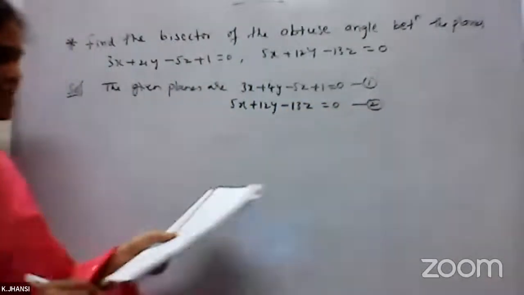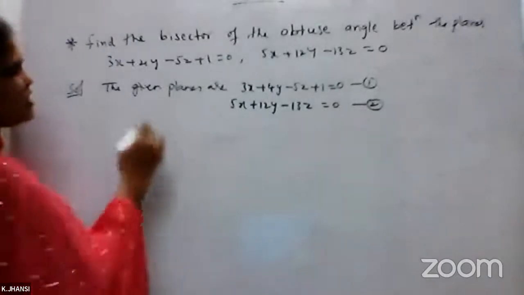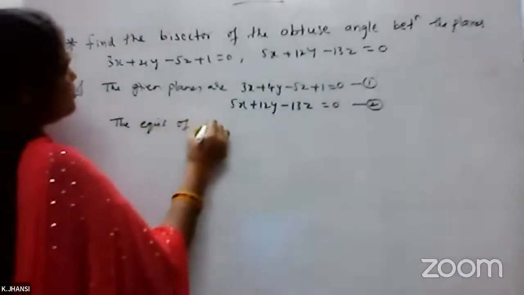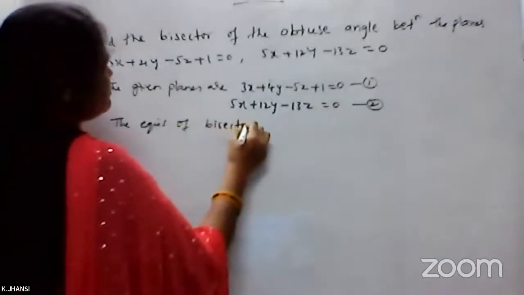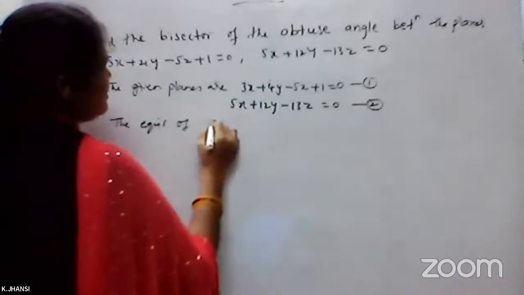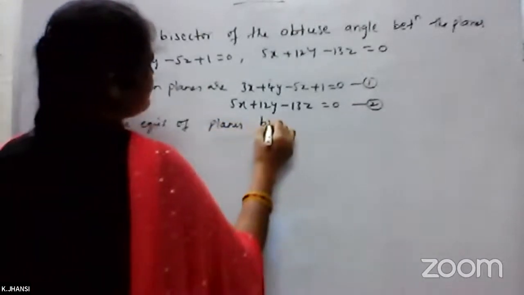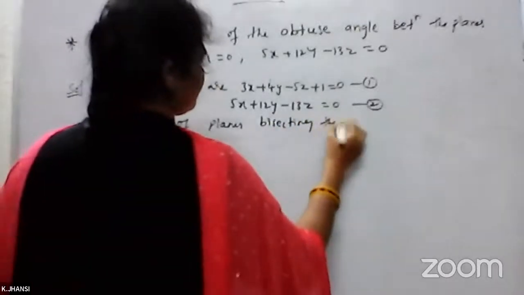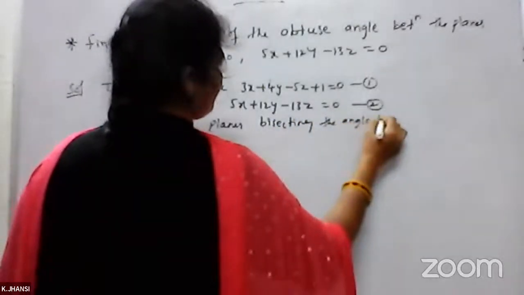Okay, so for the bisectors of the angle, you now have the equations of the planes bisecting the angle between them.